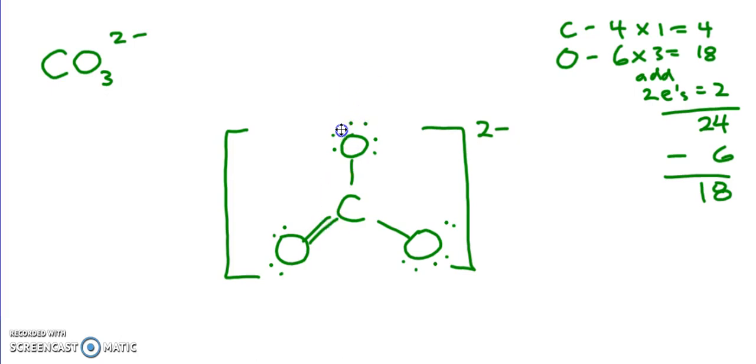This oxygen has 2, 4, 6, 8, and this one has 2, 4, 6, 8. So everything is good. Our total that we should have in there is 24, and then we have to account for these 2 extra electrons. And that's included in the 24. So that's how many need to be in our Lewis structure.